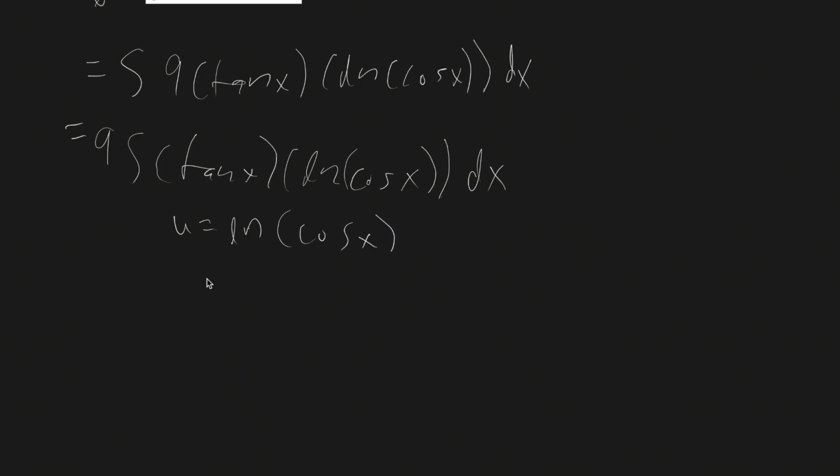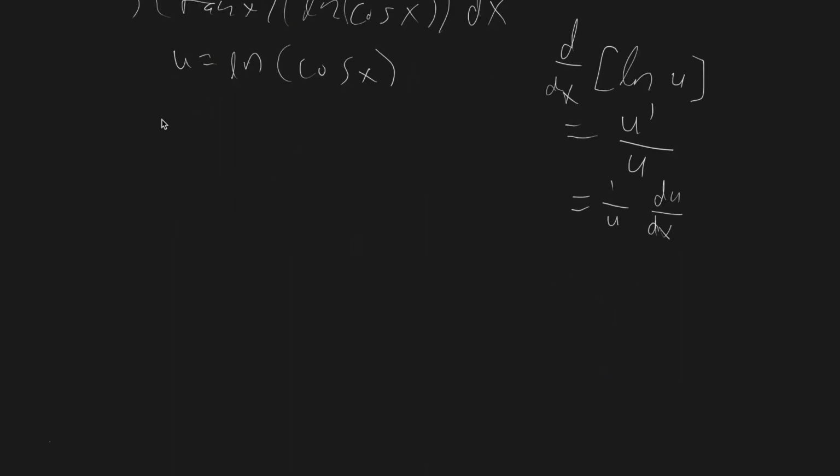And the reason we're doing that is, remember, the derivative of ln u equals u prime over u, which is the same as 1 over u times du dx. So this means it's just the derivative of whatever u is divided by u.